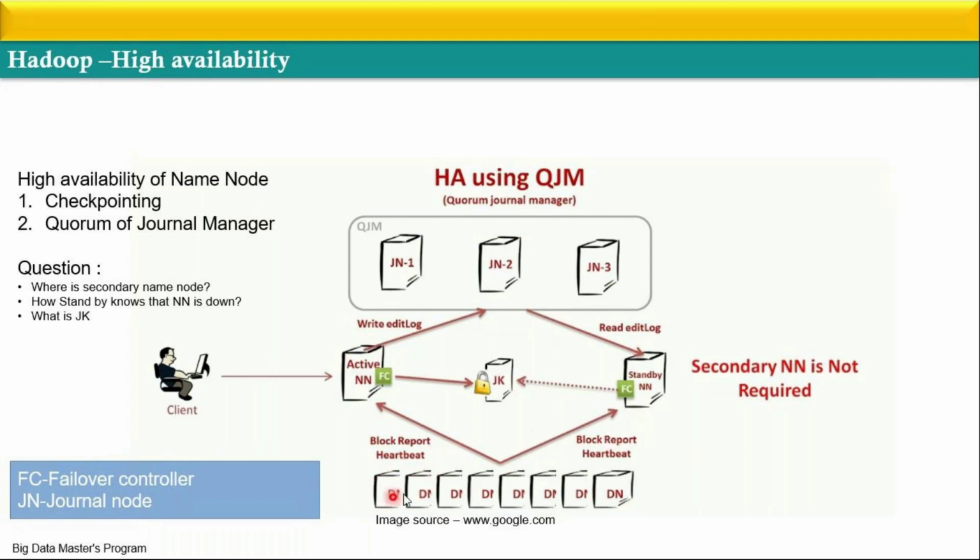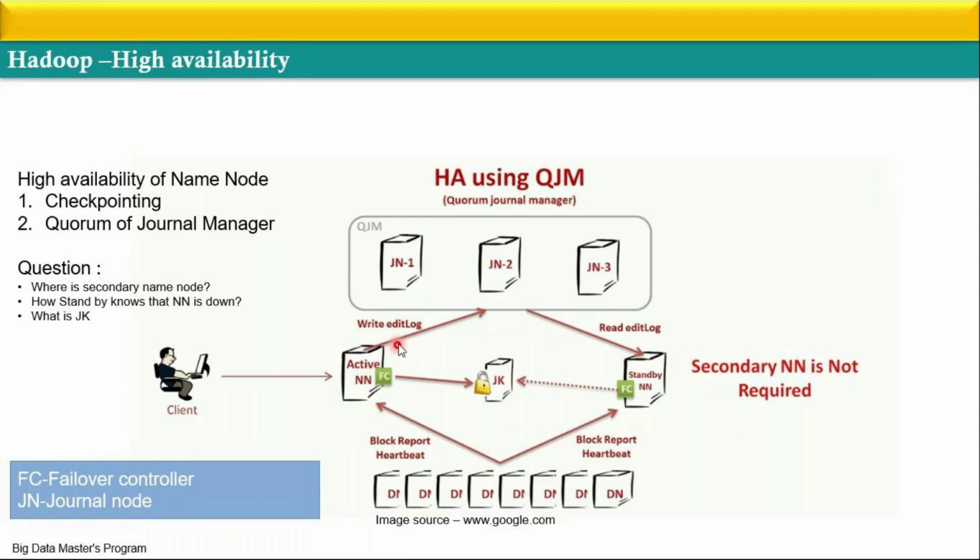What we are able to see over here is that each and every data node sends a heartbeat message. With the help of that, it has the information whether a particular data node is inside the cluster, live or dead. So heartbeat message is with respect to the data nodes, and the edit log is with respect to the name node.